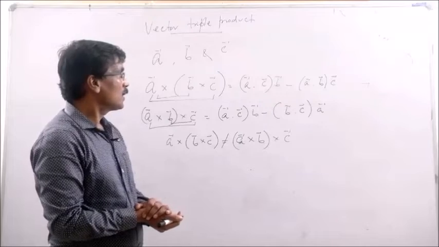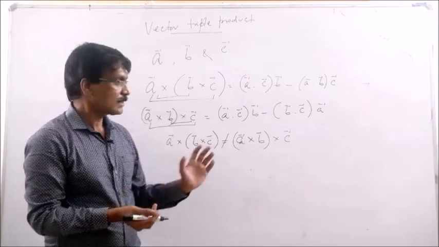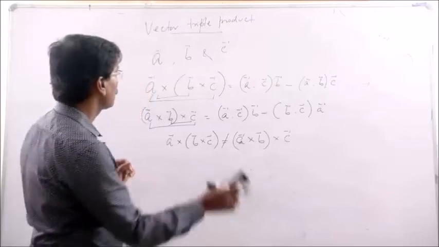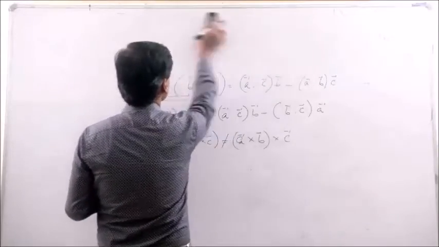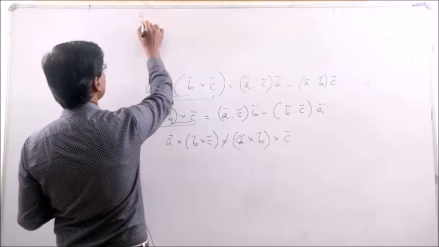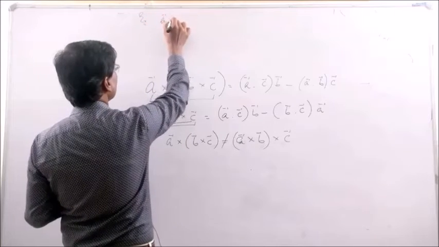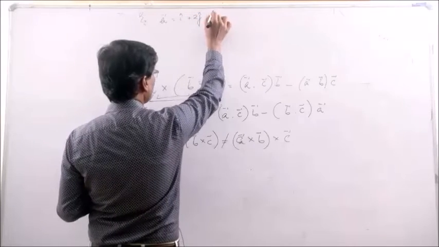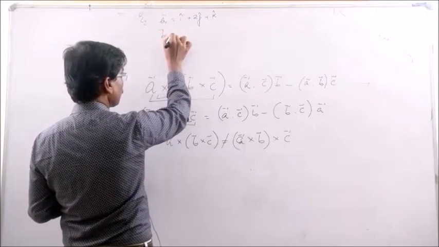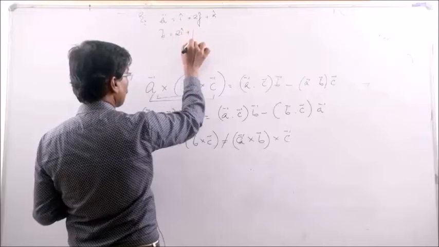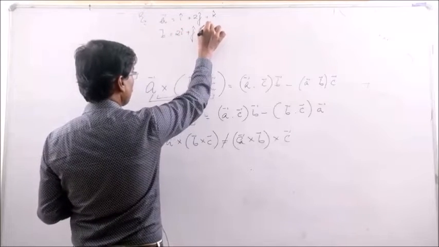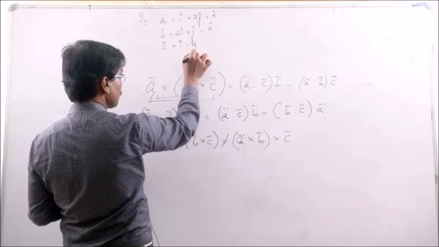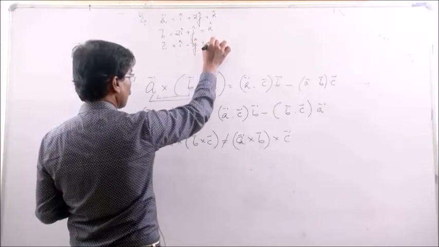So, in some problems it is asked to verify the result. So, how to verify the result? Suppose we have 3 vectors, that is A vector i cap plus 2 j cap plus k cap, B vector 2 i cap plus j cap minus k cap, and C vector i cap minus 3 j cap plus 4 k cap.